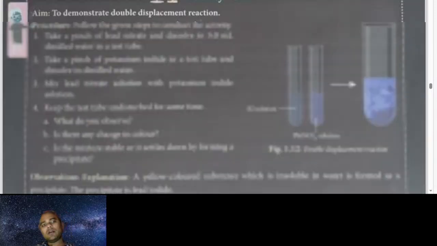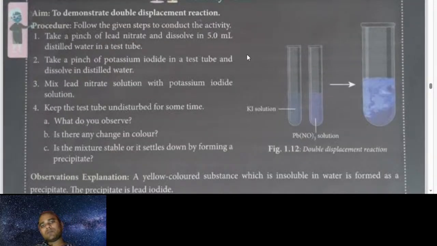Here, if you see, student, one example they are giving: KI solution, white color, and Pb(NO3)2. It will form KNO3, student. That is, K is displaced by Pb. It will form PbI2 also, PbI2 and KNO3.